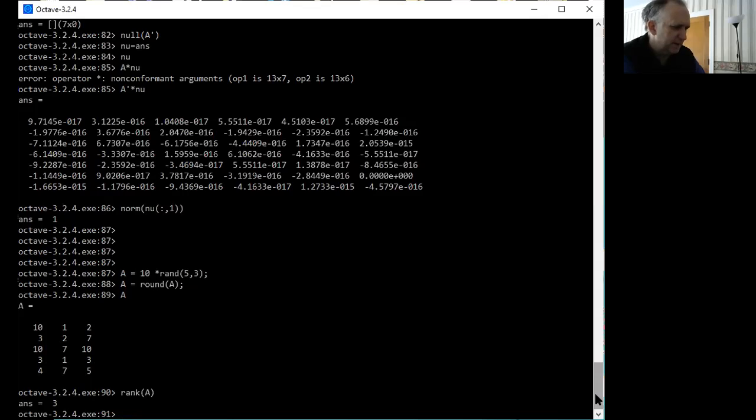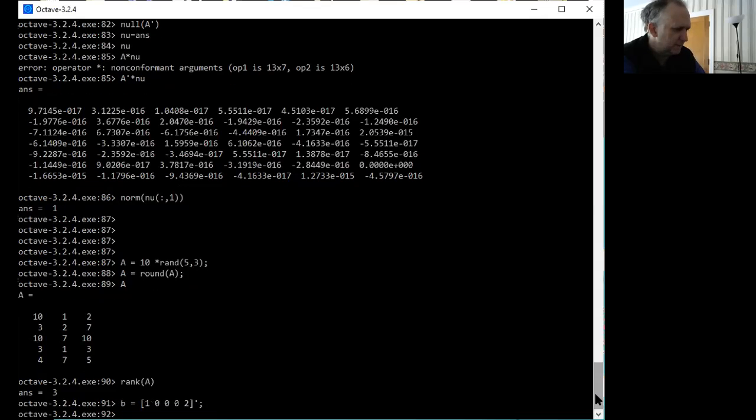So let's have B equal, now I just make something up, something very simple, like 2. Okay, so B is a column vector in R5. And if I want to project it onto the column space of A, let's make P again, because we want to demonstrate our lovely orthogonal theory.